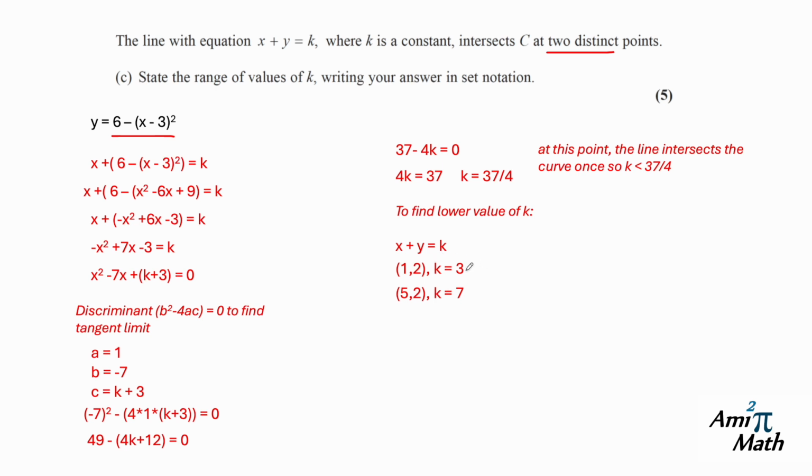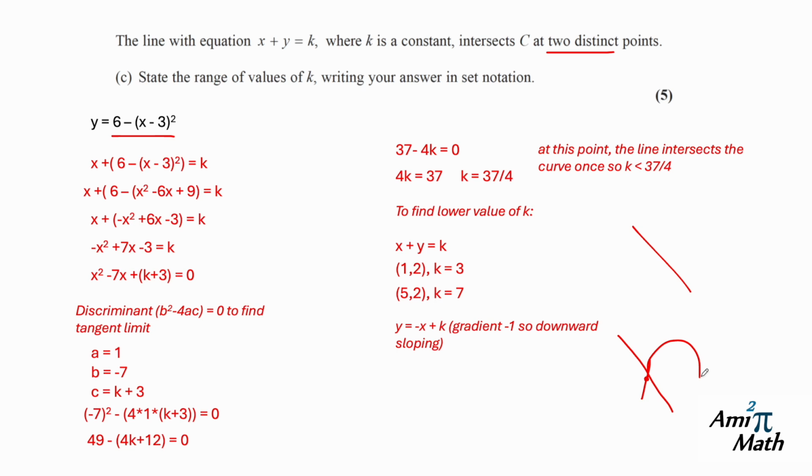Now, to work out which value we need, we realise that this equation can be rearranged to give y equals minus x plus k. So that is an indication of what the line will look like. So essentially the line will be going down like this, as the gradient is minus 1. So when we have our equation here, and we've got the point (1, 2), if the line is hitting it and going this way, and the curve is going this way, it will only hit it once.